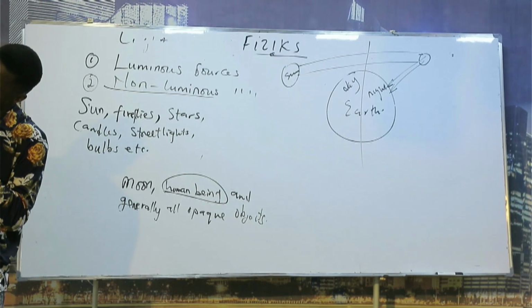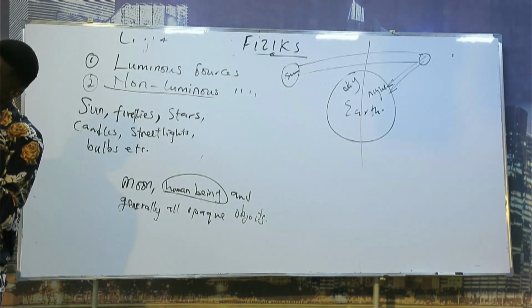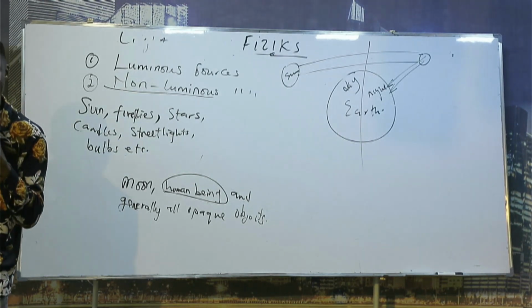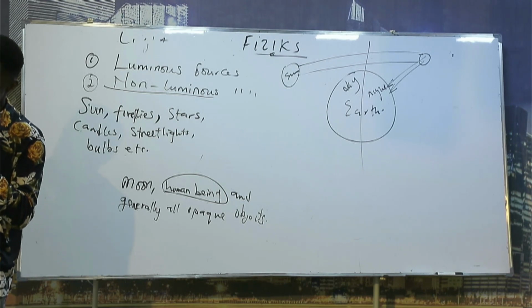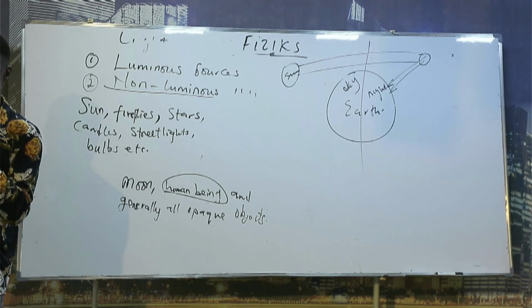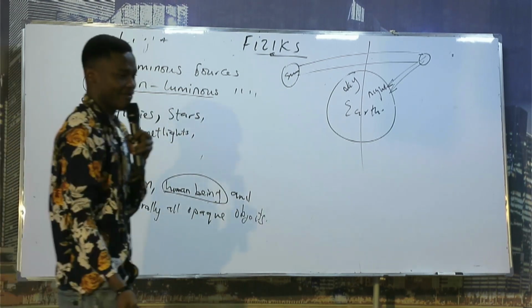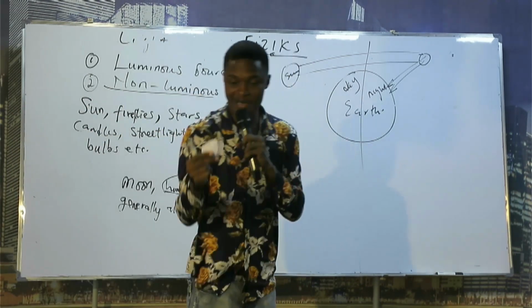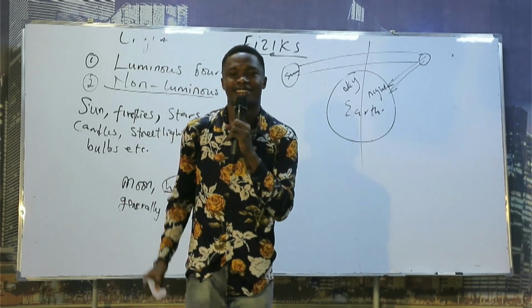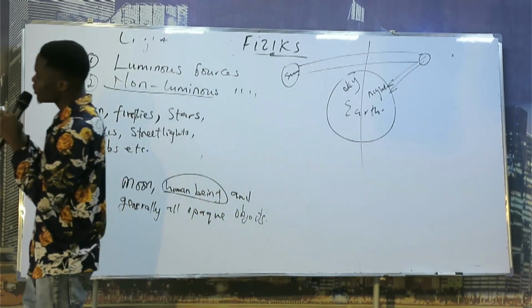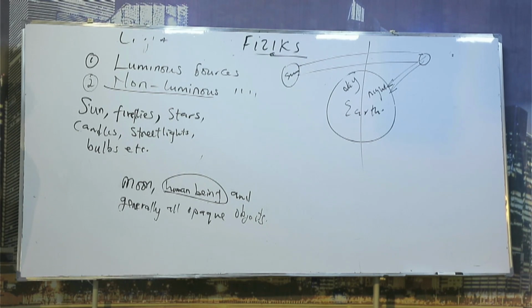Uncle, if sun stop shining, shebi? Oh my God. It's like you are chatting. You know, some of you have integrated chatting into your daily life. The way you chat is the same way you write English. Uncle, if sun stop shining, shebi we go turn albino?